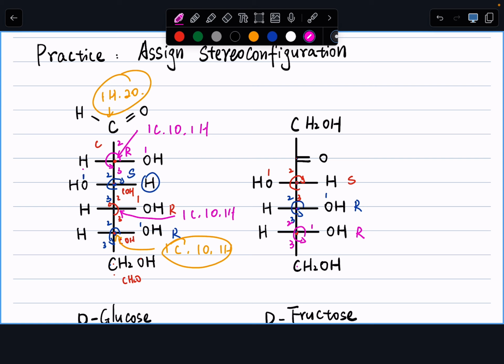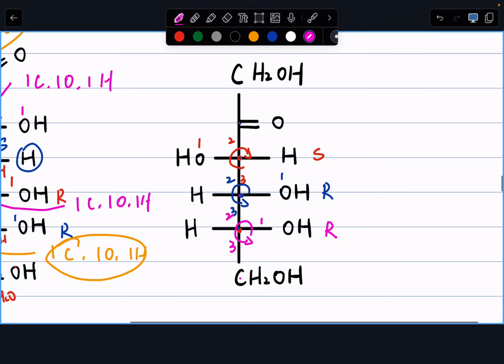Yes. I'm so sorry. Can you re-explain why CH2OH is lower priority than the other? Okay, so when we're assigning priority, I'm just going to use a green color and a yellow color.